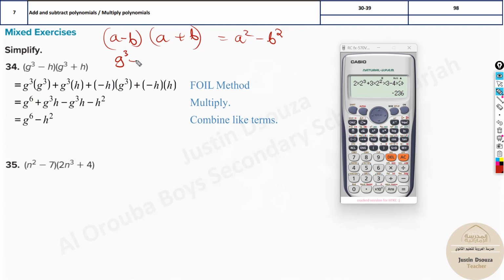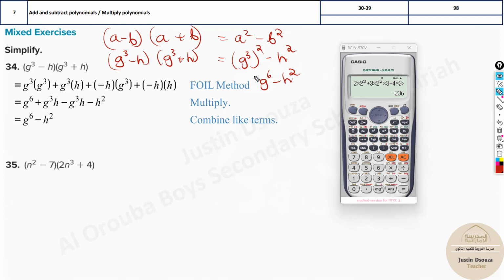G cube minus H, and here we have G cube plus H. This follows the same pattern. So here, A value is G cube, the whole square, minus, what is B? B is H squared. This will be 3 times 2, that is G power 6, minus H squared.